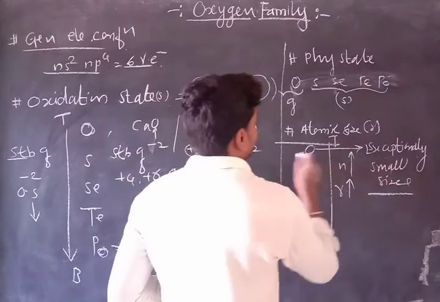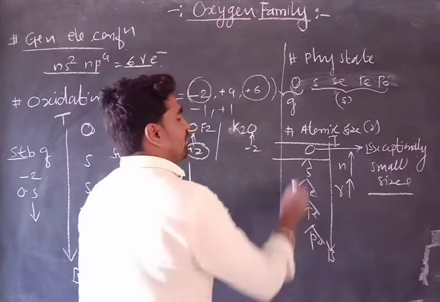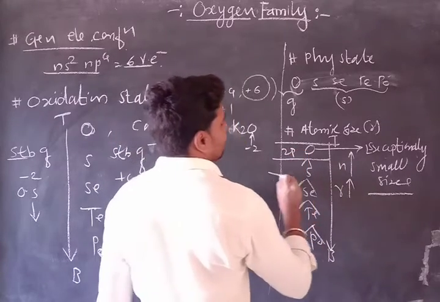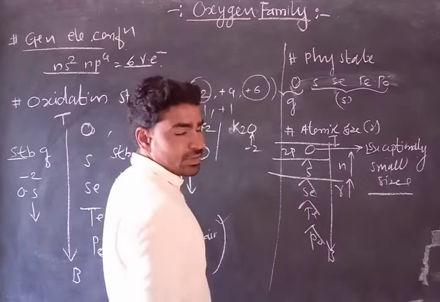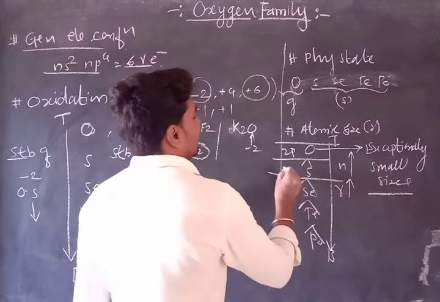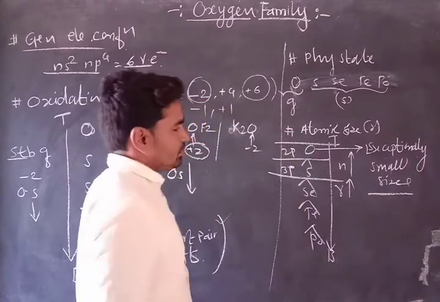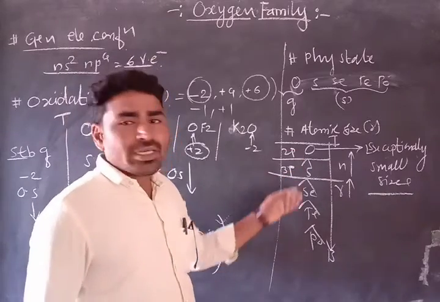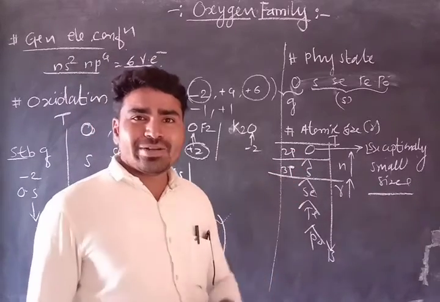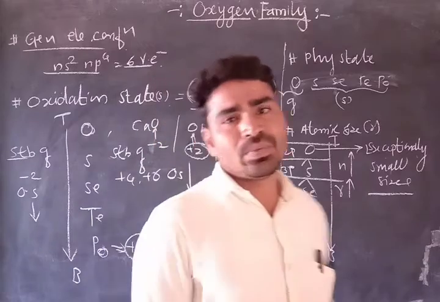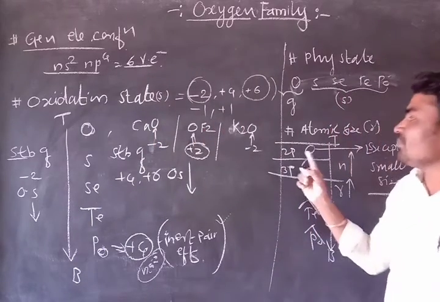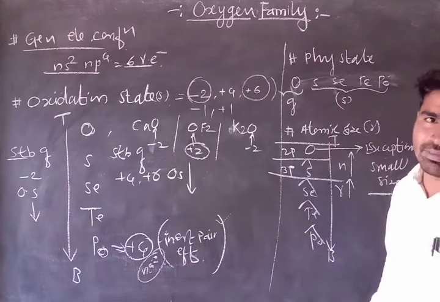Oxygen is a second period element having 2p orbitals, and sulfur is an element of the third period having 3p orbitals. So actually there is a very huge, drastic difference between the size of second period elements and third period elements.